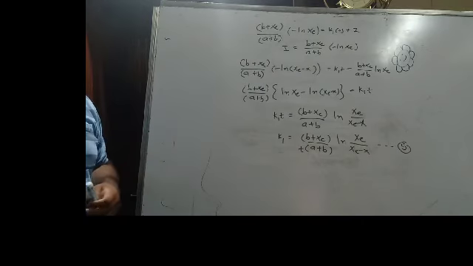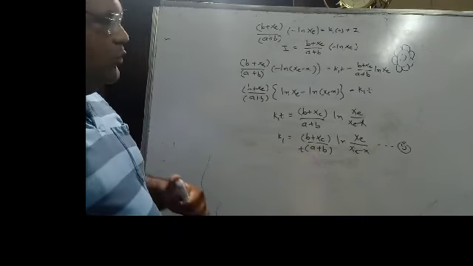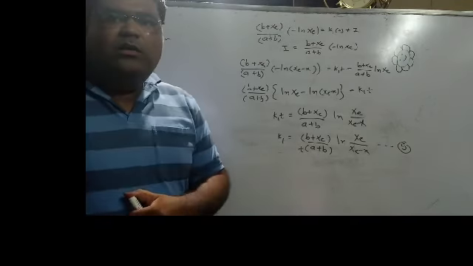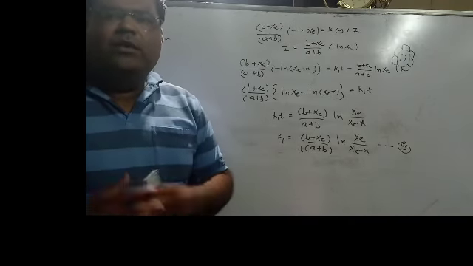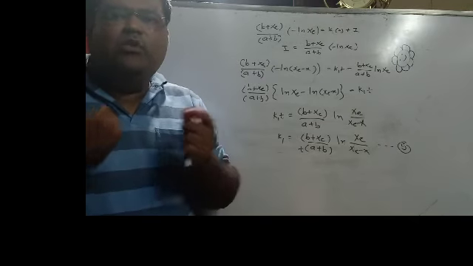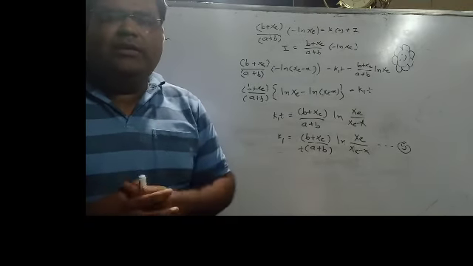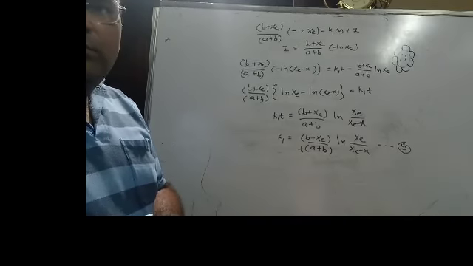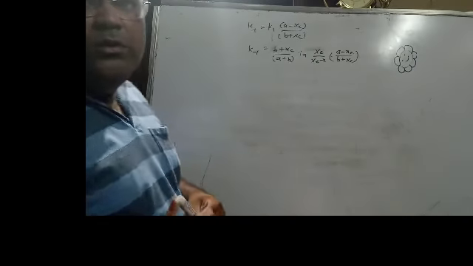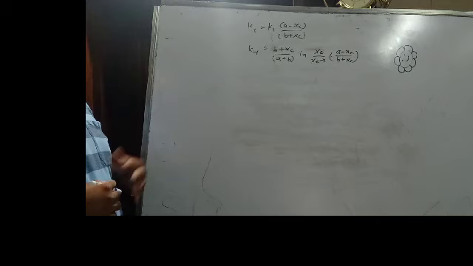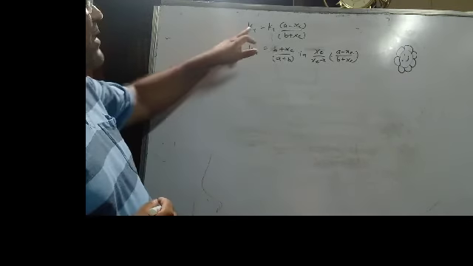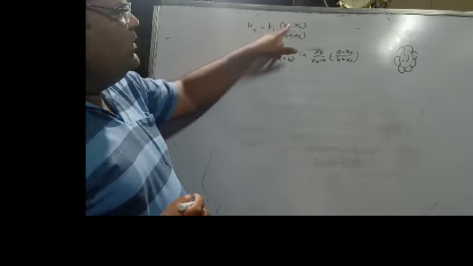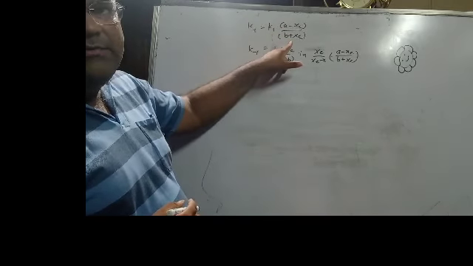So here this is the value of k1. In equation number 2, we have found the value of k minus 1. So simply what we are going to do here is add both the rate constants, k1 and k minus 1. For that, first we will find the value of k minus 1. We know from equation number 2 that k minus 1 is equal to k1 (a − xe)/(b + xe).